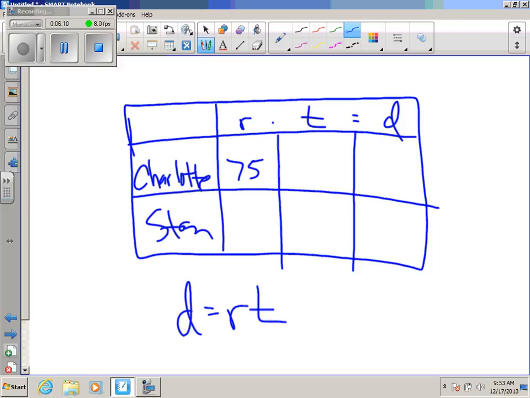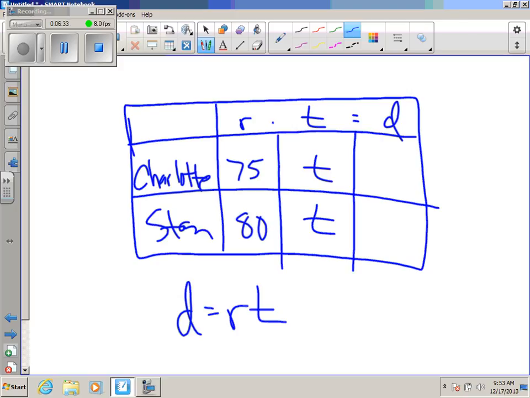And Stan's rate is 80. Do we know how long? Or is that what we're trying to find out? We're trying to find that out. So here, we're going to put a T there because we don't know. That's the question we're trying to answer: how long will it take them to be this distance apart?